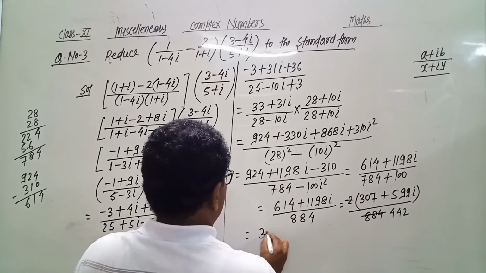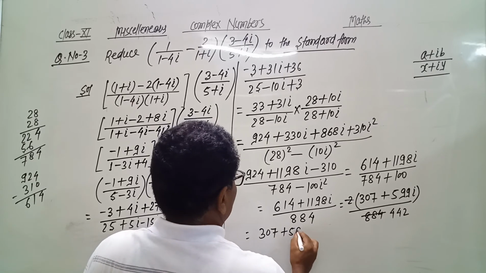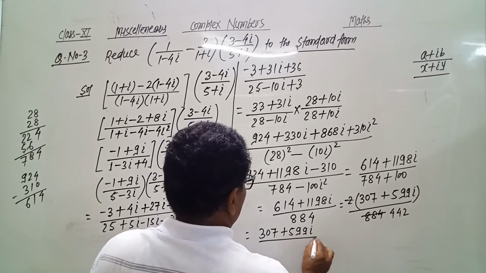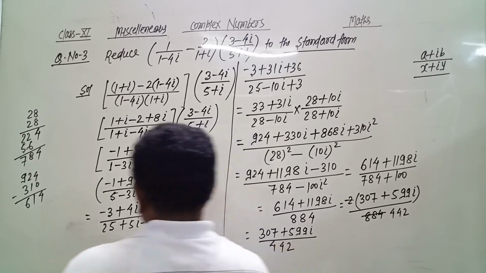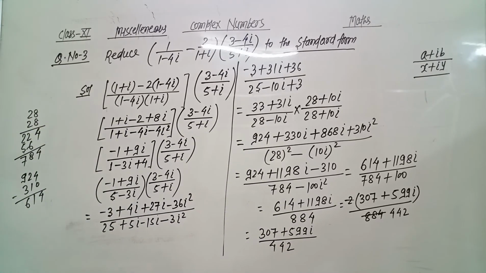So 320 plus 599 iota upon 442. This is question number 3.